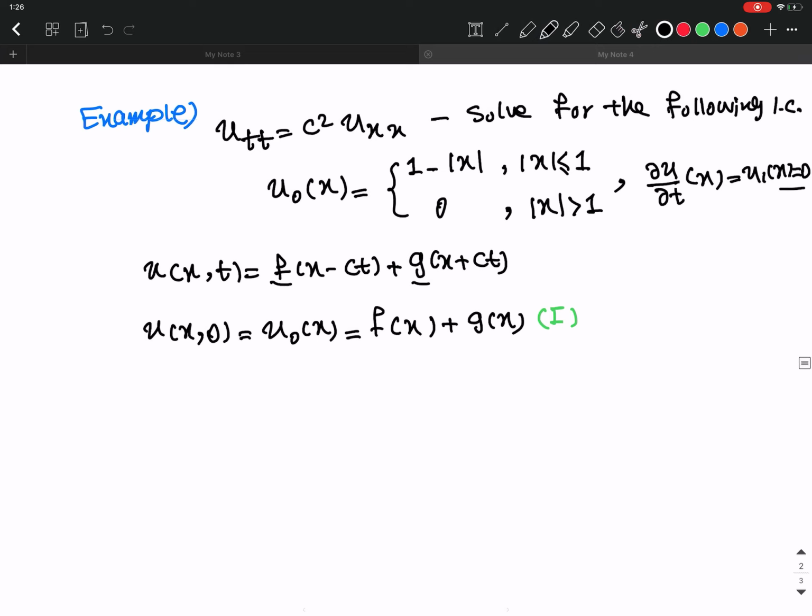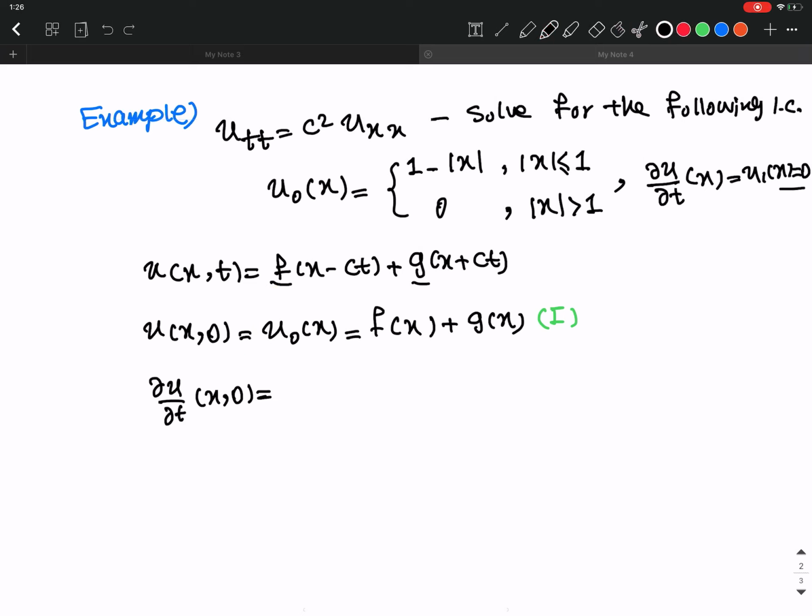So let's see what the second initial condition gives me. We have du/dt at x and 0. What is the first derivative of u with respect to time? I can just write it from here, taking the derivative with respect to time.